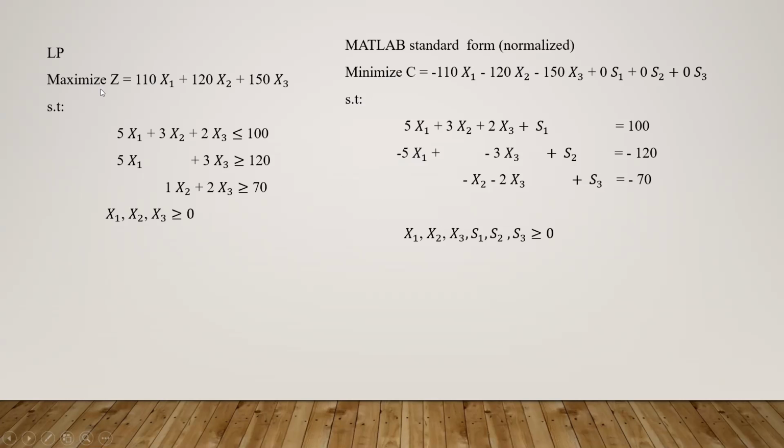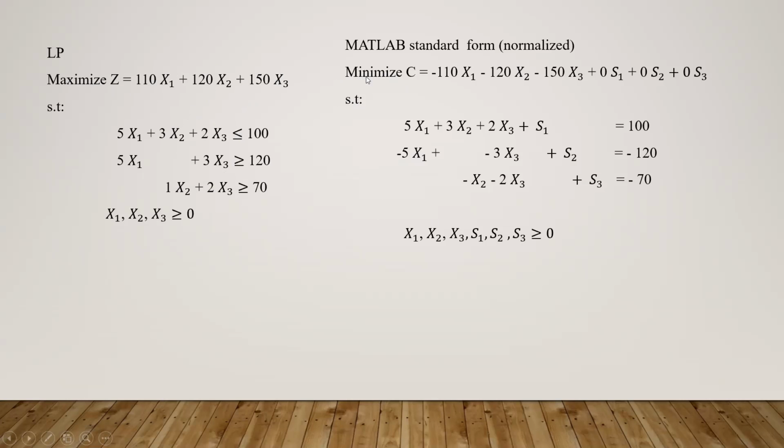So when you have a maximization problem like that and you want to solve it using a dual, the first thing in MATLAB is you should convert your maximization into minimization, so it will not understand that you have a maximization problem.